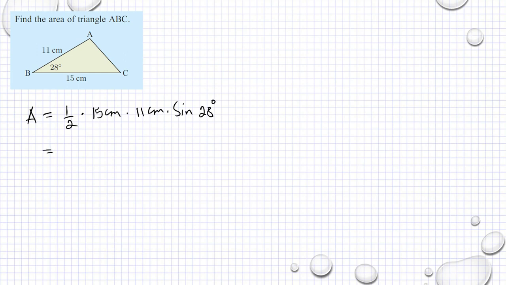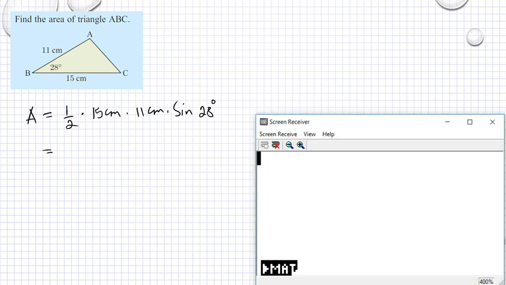Okay, so if we are going to compute that, I will show you my screen. Then we have 1 divided by 2, that's 1/2, or 0.5. You can use that also, multiplied by 15, multiplied by 11, multiplied by sine 28 degrees.